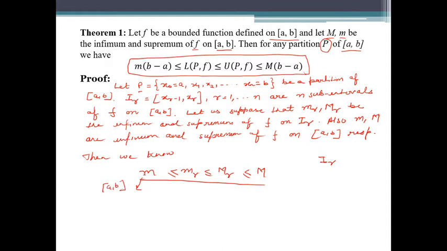So this will be the minimum value throughout the domain, and capital M will be the maximum value of the function in this closed interval [a, b].